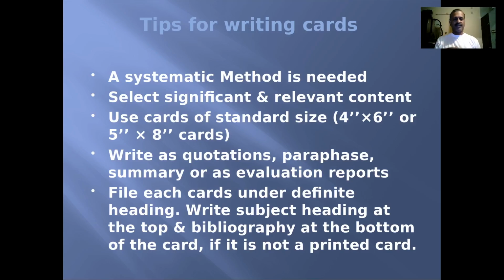For example, as I mentioned before, definition of COVID, one file. Prevalence of COVID, another file. Then knowledge of health workers related to COVID, a third file. Each piece of information you collect about the definition, you keep in the first file. Each piece of information you get about knowledge of health workers, you keep in the third file.